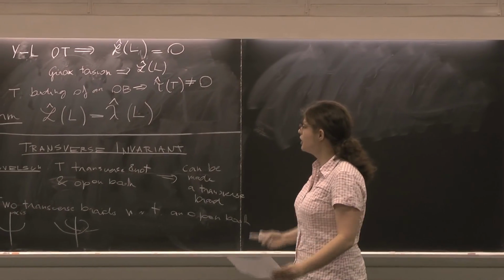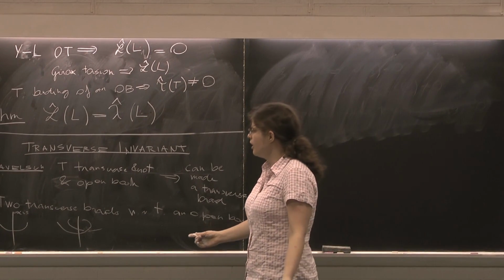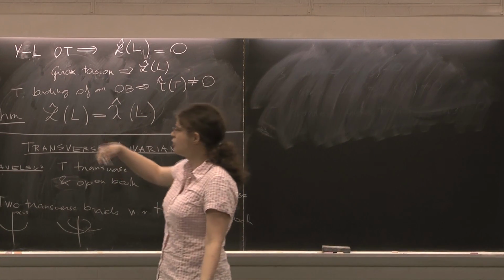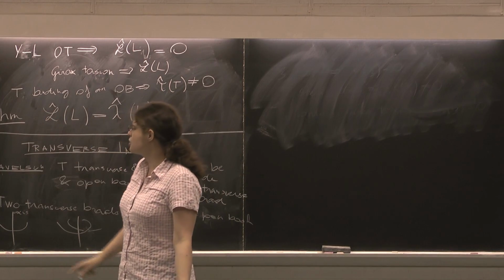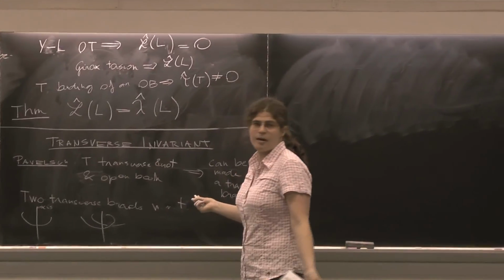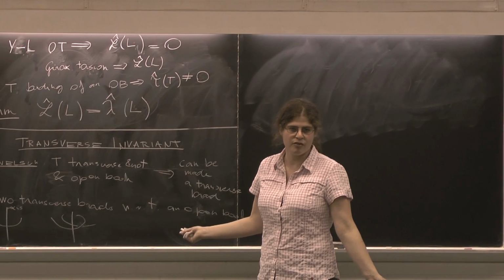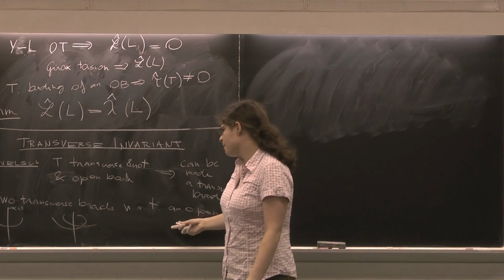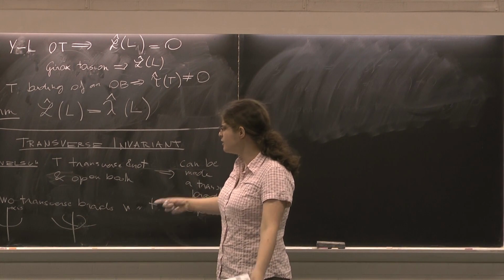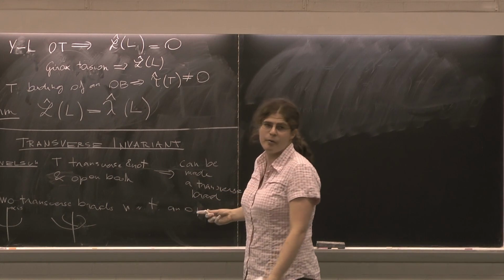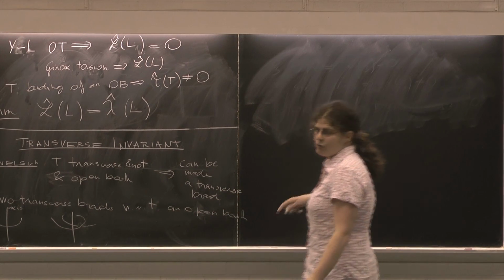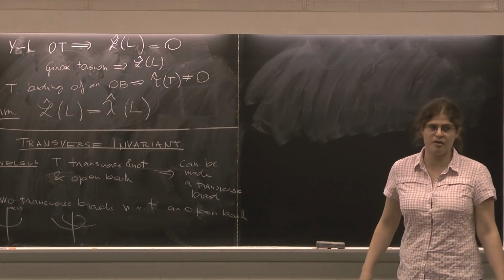And then using this theorem and the theorem of Giroux, which gives you which open books give you the same three-manifold, you can have a relation between any two transverse braids in any open book which describe the same transverse knot.